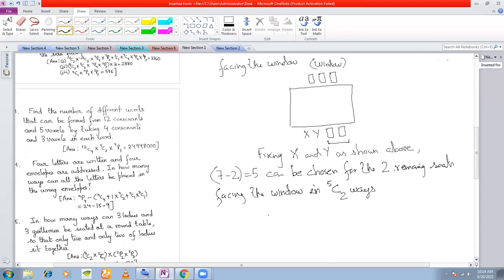Yes, sir. How many people remain? Now, 5 people were there. You already made them sit in these two. So how many people remain? 3.